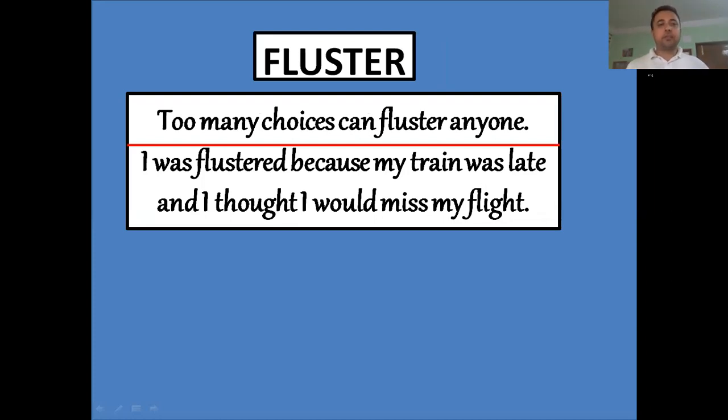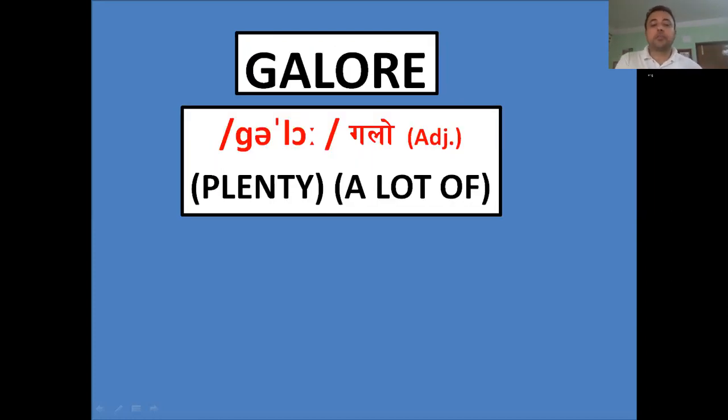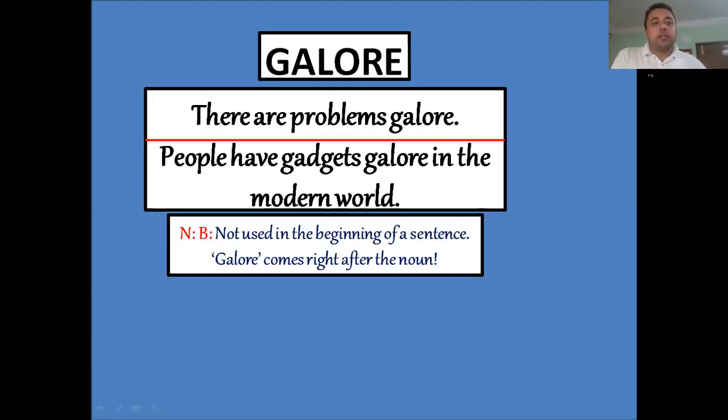Next, galore. Galore is an adjective which means plenty or a lot of. This can be used with both countable and uncountable nouns. How? There are problems galore. People have gadgets galore in the modern world.